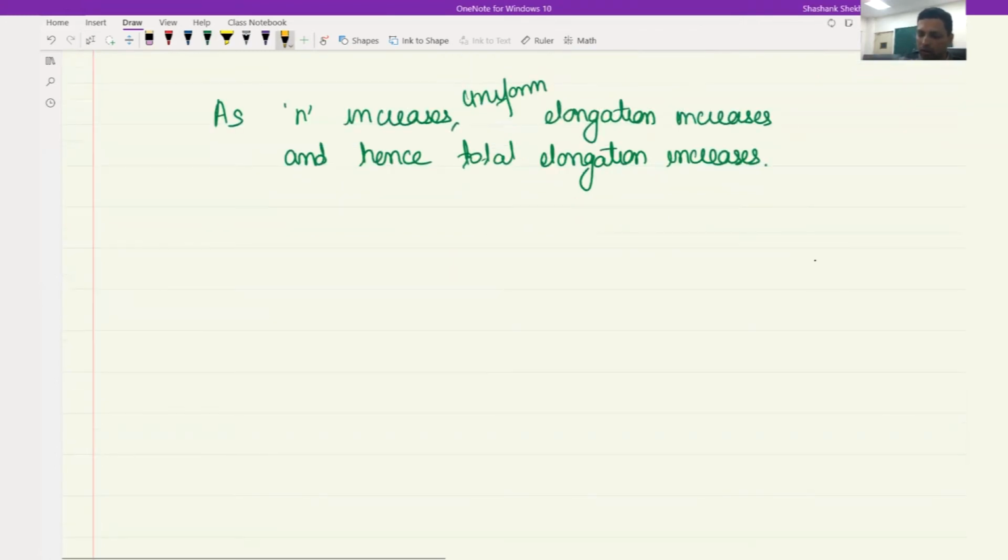So let me just draw this. Let's say we have 3 different materials of the same starting dog bone type. So let's say this were the dog bone starting for 3 materials where n is equal to 0.1, 0.3, 0.5. Then what you would see is that for 0.1, at the end of it, it will look something like this.